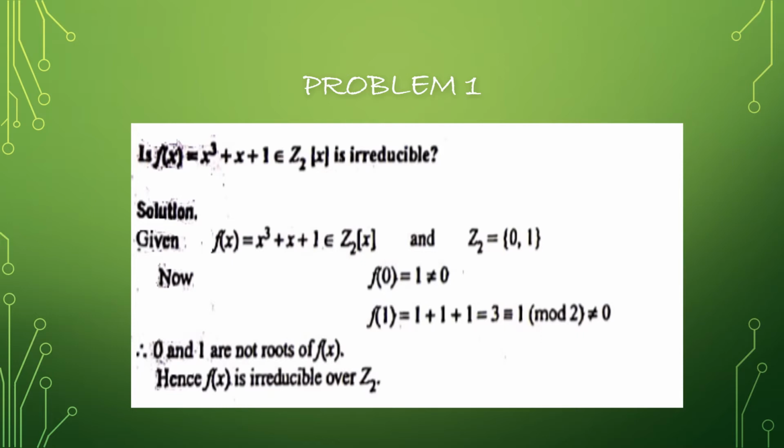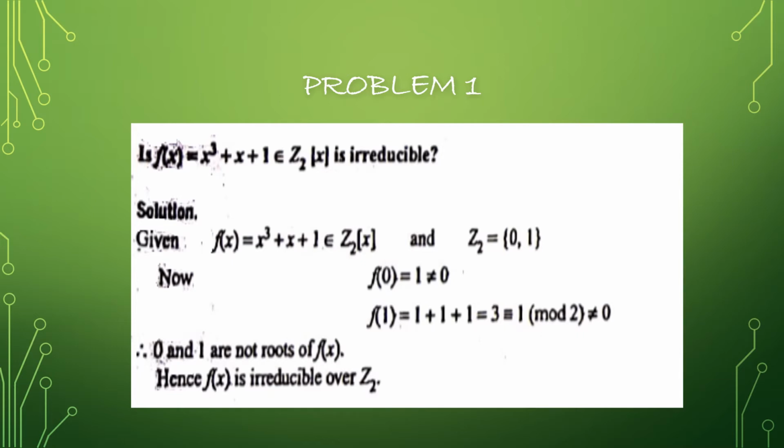So for both elements, the remainder is non-zero. My conclusion: therefore 0 and 1 are not roots of f of x, so f of x is irreducible over Z2.